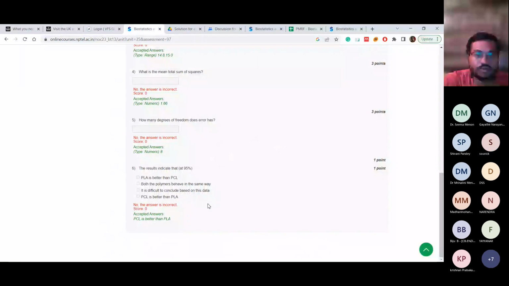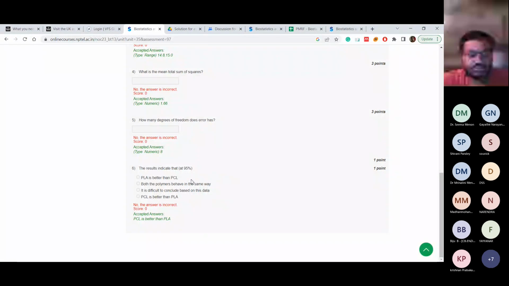Sir? The t calculated here is 1.97, and for two-tail, the table value says 1.86. So how do you say that PCL is better than PLA just by calculating the mean?